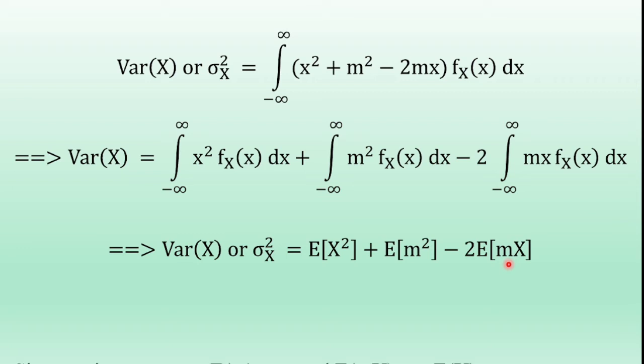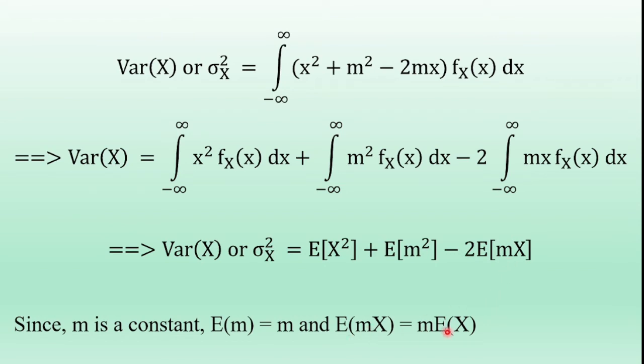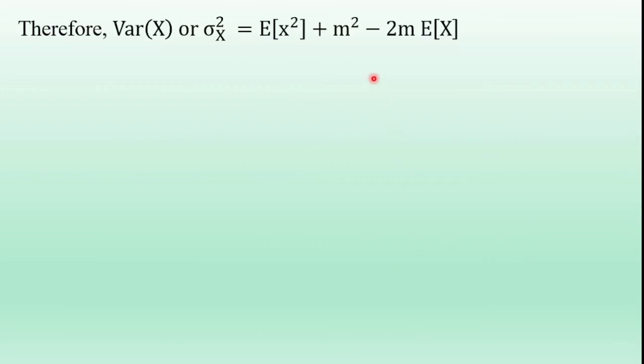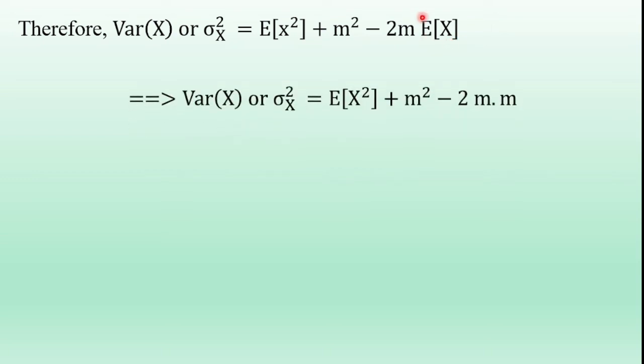So expectation of m is m, and expectation of mx is m into expectation of X. Applying this condition to the above expression, we get variance of X is equal to expectation of X square plus expectation of m square, which is m square, since the mean m is a constant value, minus 2 m expectation of X. The expectation of X is the mean, also denoted by m.